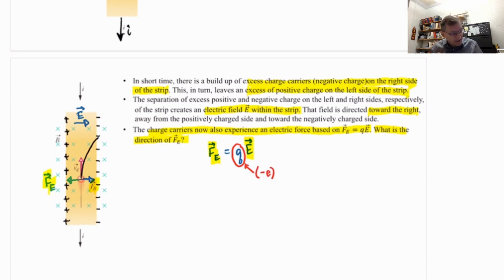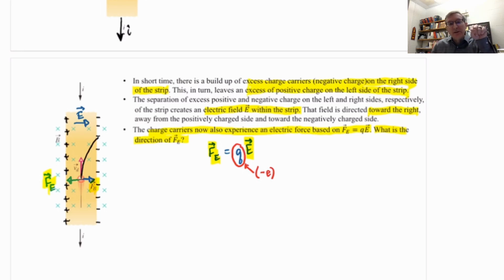That actually makes sense physically. That means these two forces are competing with each other, F magnetic and F electric. And initially, all we have is the F magnetic, because there is no electric field initially. So all we've got is the F magnetic.